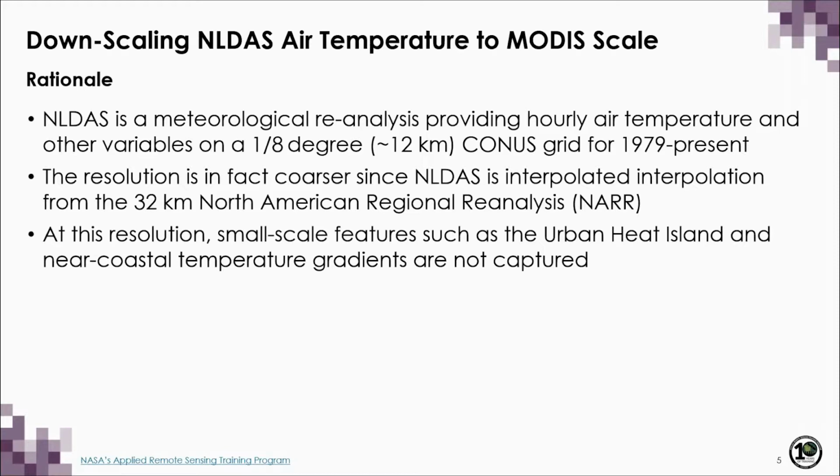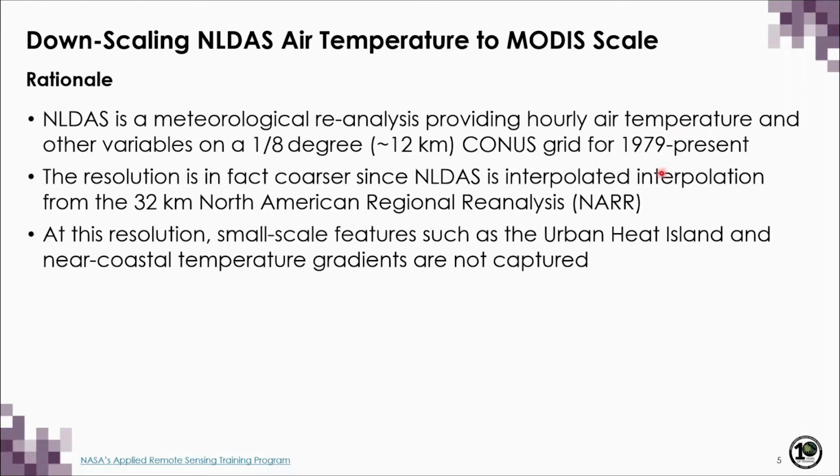So just a little bit of description about the data set that we've used. The National Land Data Simulation System is meteorological reanalysis, providing hourly air temperatures and other variables on a 1/8 degree, 12-kilometer CONUS grid for 1979 to the present.